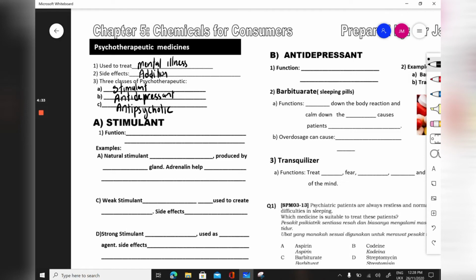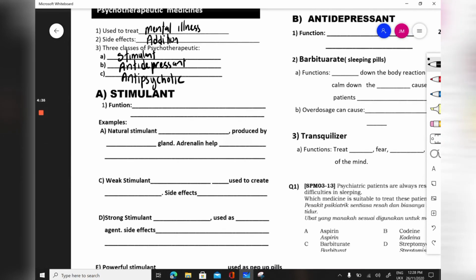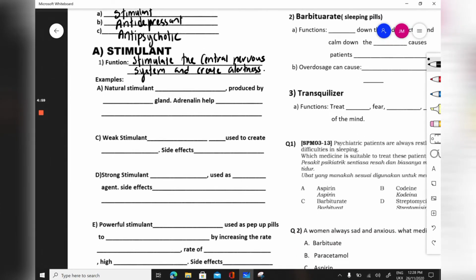We move on to the stimulant. The function of stimulant is to stimulate the central nervous system, and it creates alertness, activeness, confidence, like that. We have a few examples of stimulant. Start with the natural stimulant produced by the adrenal gland, known as adrenaline.